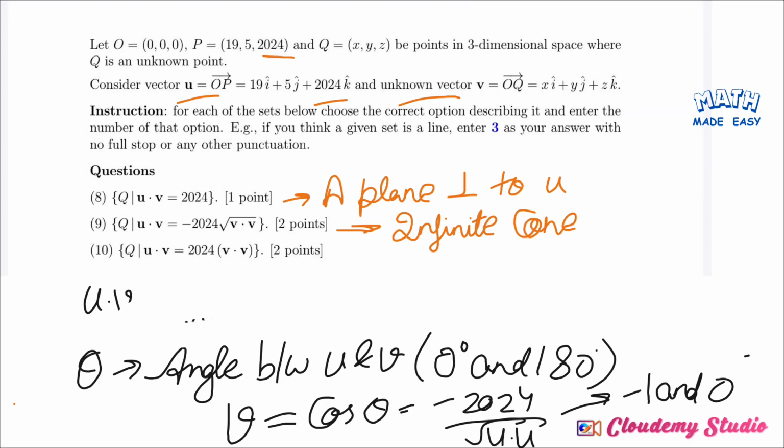Okay, now next is that u dot v is 2024 times u dot u.